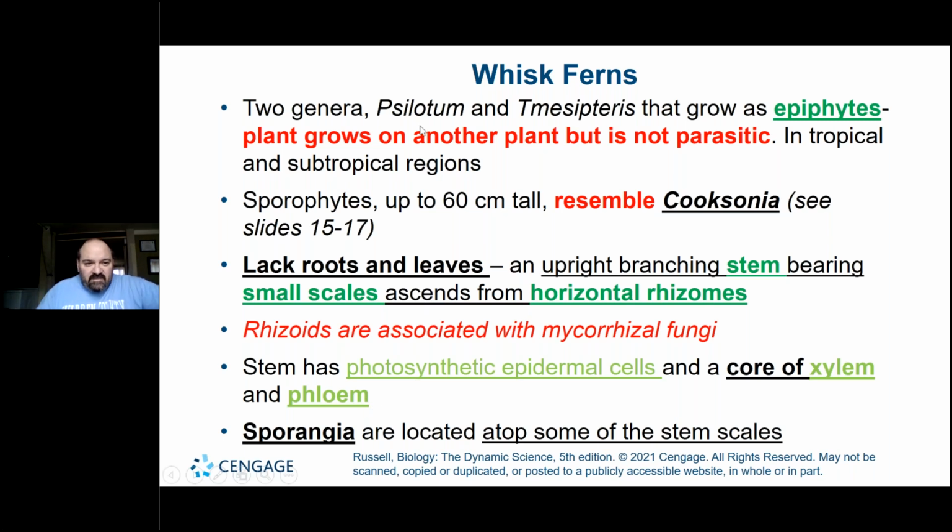Okay. Again, they lack roots and leaves. There's the stem and these scales, horizontal rhizomes. Again, realizing that there's a relationship with the fungi, allowing for an expansion of the ability to take moisture and minerals from the soil and from the substrate.